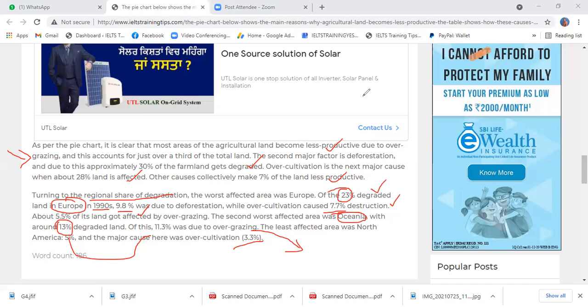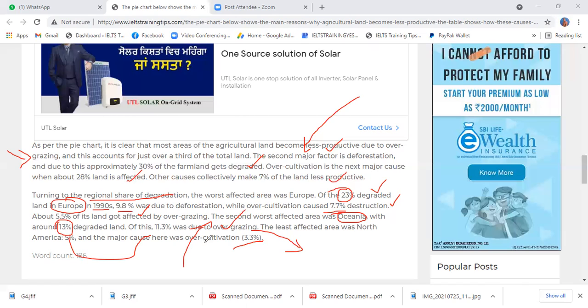For the worst affected area we can say Europe, then Oceania, and then North America. In Europe, deforestation, overcultivation and overgrazing, the three things were important. But when it came to Oceania, overgrazing was the only thing mentioned.